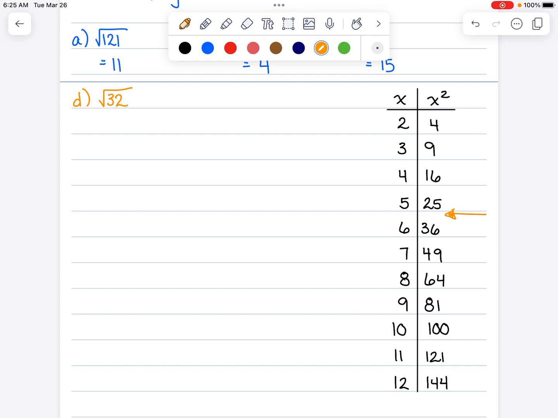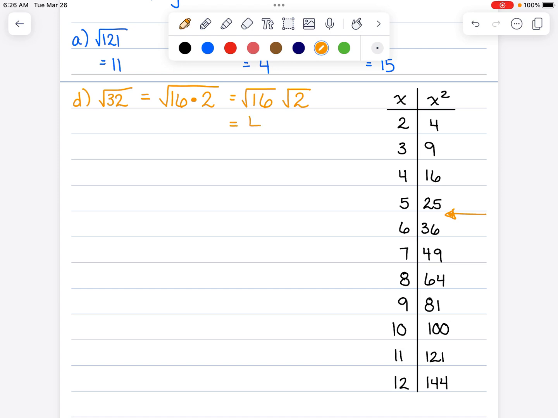So once I figure out the biggest one that it divides by, then what I do is I take that square root and I say, okay, square root of 32 is the square root of 16 times 2, which I can break up into 2 separate square roots. Now, one of these is a perfect square. The square root of 16 is a nice perfect square to work with, and it simplifies.